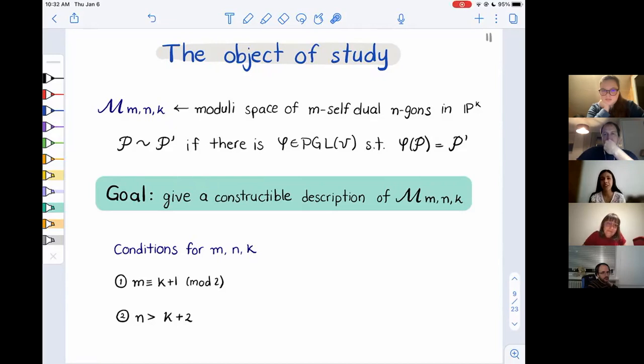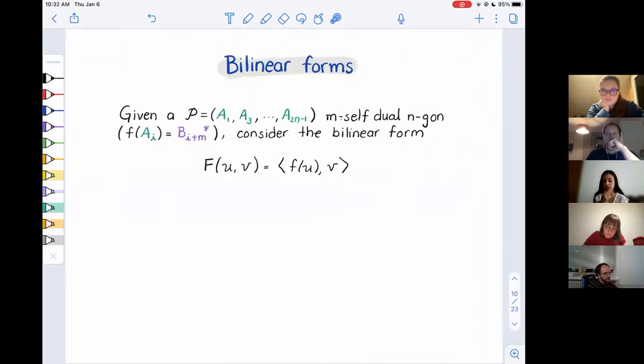Another question, I think, is one of the things that I don't know and would like to get more into. Because what we do for studying these polygons, this space, is this: if you have a self-dual n-gon, that is, there's a function that sends vertices in your polygon to vertices in the dual.